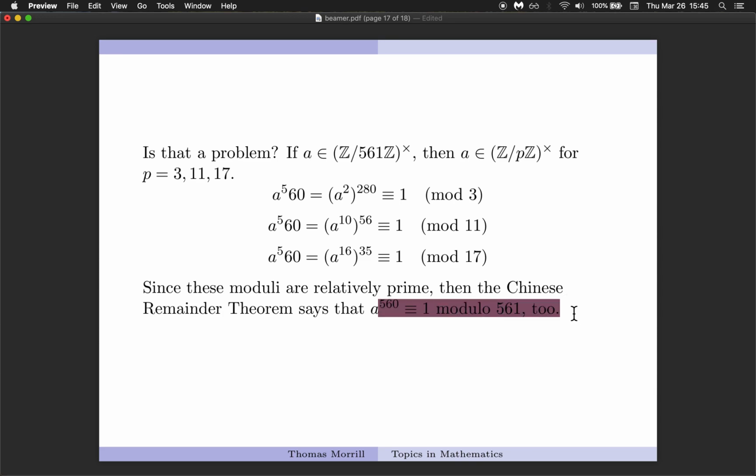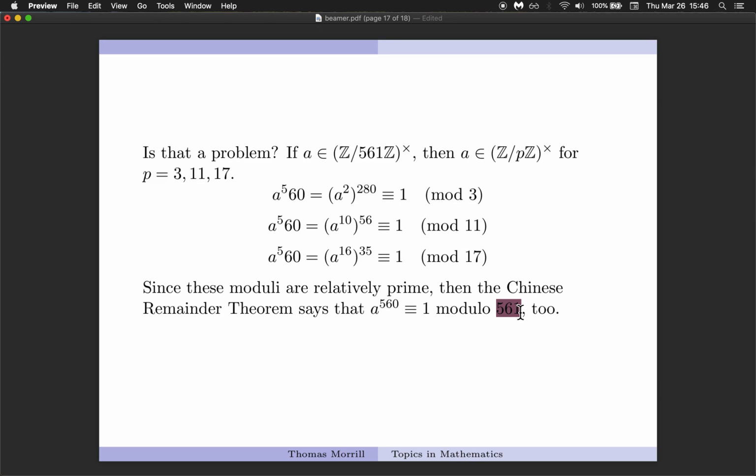So no matter which unit I picked, no matter what A I have, A says, yeah, that 561 seems like a prime kind of guy. So what does that mean? 561 is a base A pseudoprime for every possible base you could throw at it, even though we already know that 561 is composite.